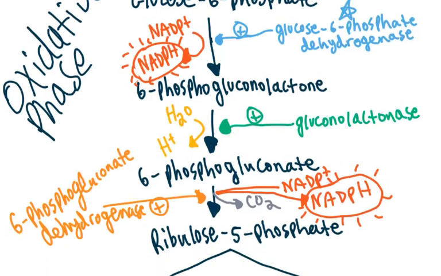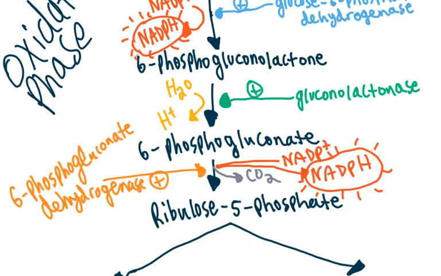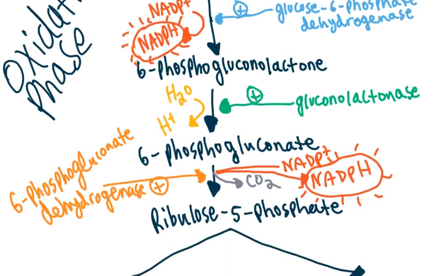This will be really important, and actually we talked about it in the anemia video for G6PD deficiency anemia, where NADPH is really important to help glutathione function. Glutathione is a really important antioxidant. So this is it for the oxidative phase of the pentose phosphate pathway.